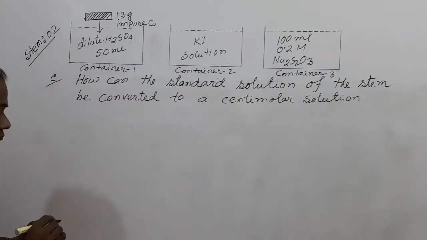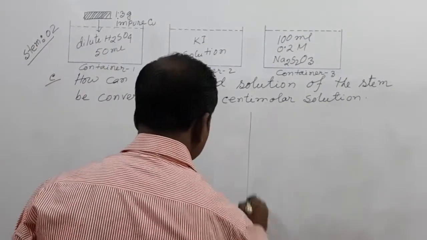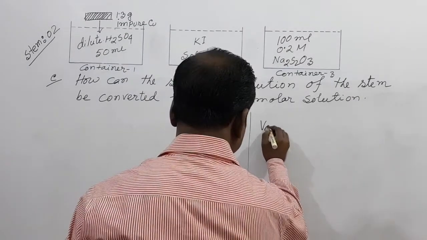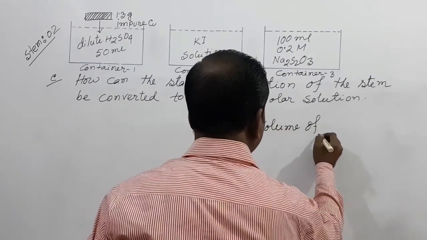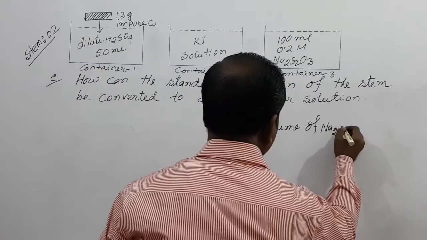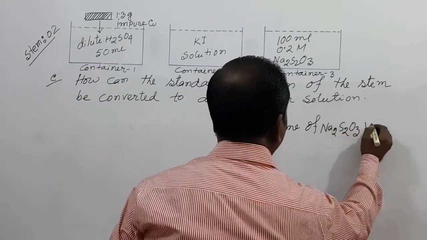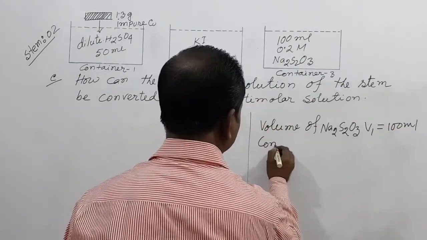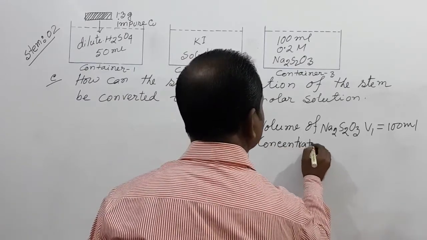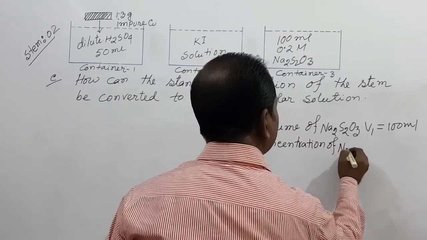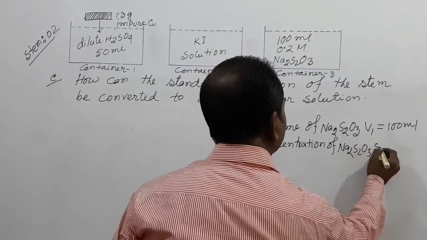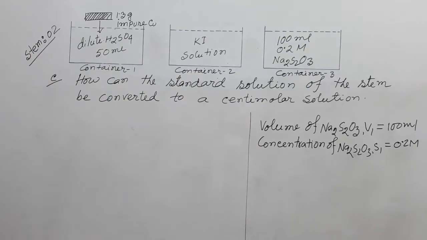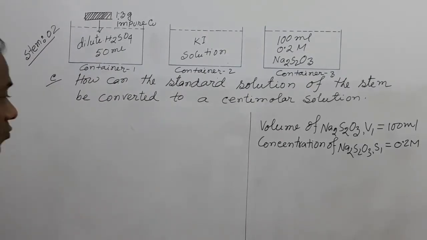If we write the volume of container C, volume of sodium thiosulfate V1 equal to 100 ml, concentration of sodium thiosulfate S1 equal to 0.2 molar, and the final volume of sodium thiosulfate is the centimolar solution.